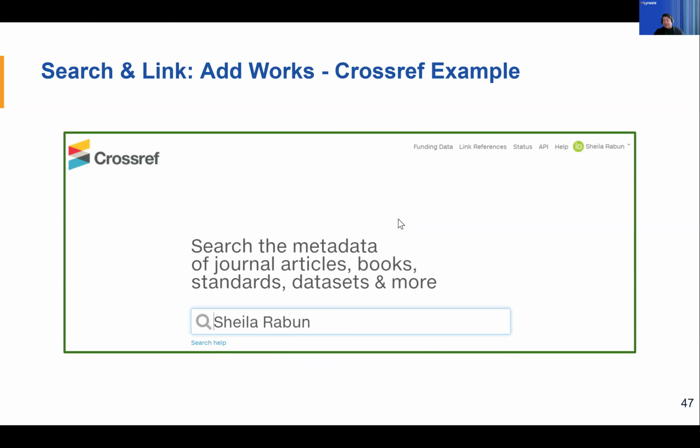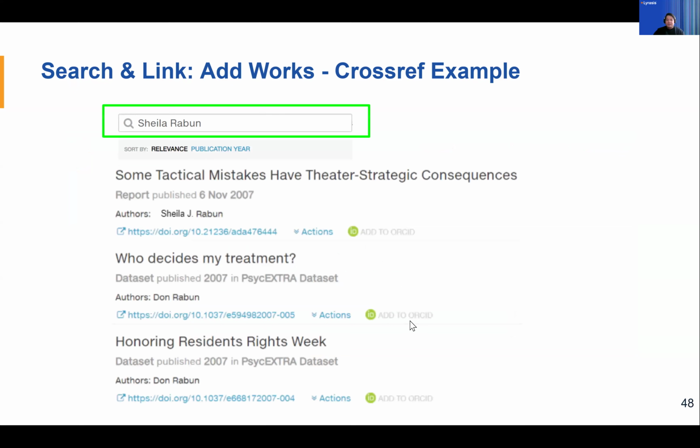You can search for your name, for example, to get the publications that you already have. So basically, you're claiming the publication here. Search for your name, and then things will start popping up, the articles that you published, that sort of thing. And then you will see the button that says add to ORCID. So that's a way for the system to push that information to your ORCID record.